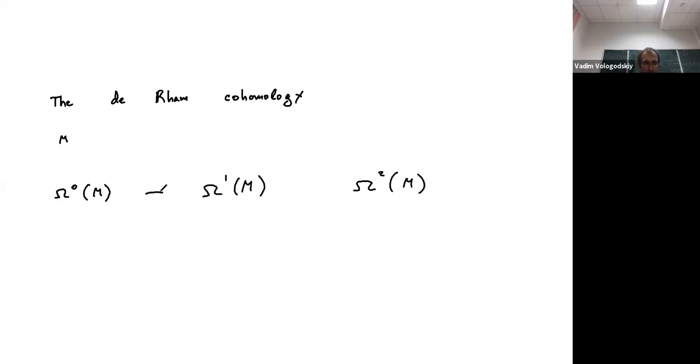And we have maps given by the de Rham differential. These groups together with these homomorphisms form what's called a complex. So d composed with d is 0.